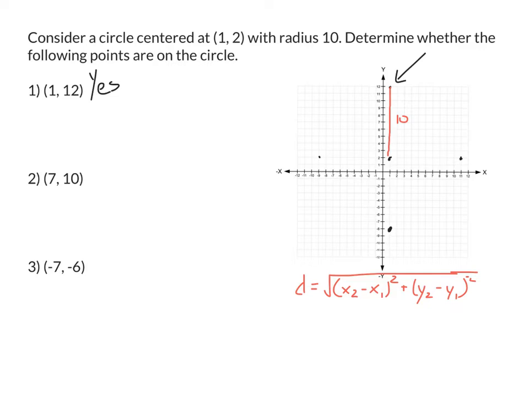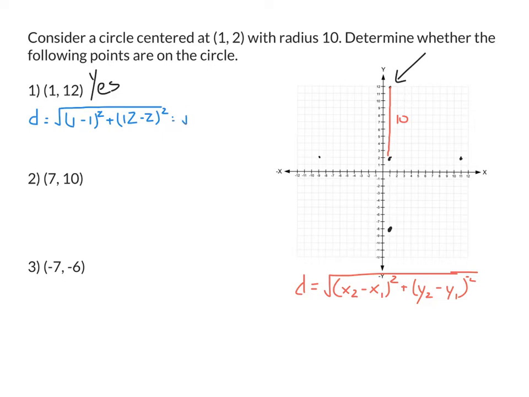So to calculate this for number 1, we want to determine the distance between (1, 12) and (1, 2). So the distance between them is, and again, our big square root, we subtract our x's, 1 minus 1, squared, plus we subtract our y's, 12 minus 2, squared.